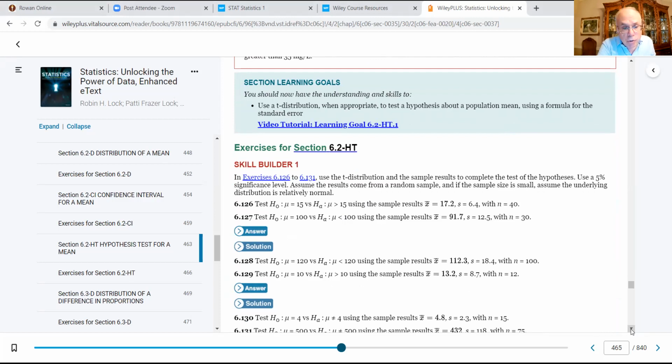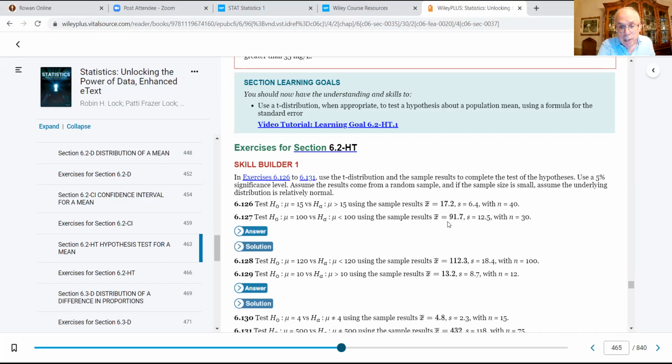So we're going to actually go to question. Now they do have examples up here without the word problems, right? What are they assuming here? So for example, 6.127, they give you the null and alternative hypotheses. So it's a left tail test. And here are your sample results.